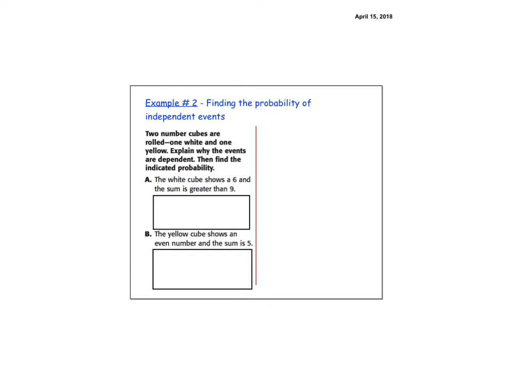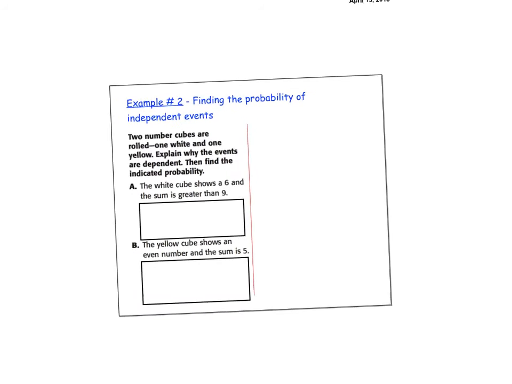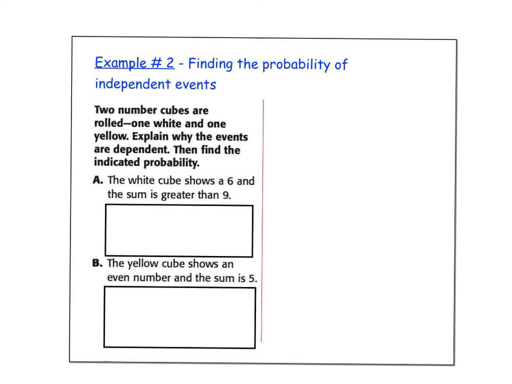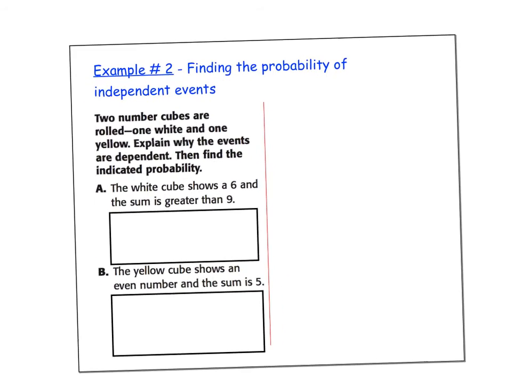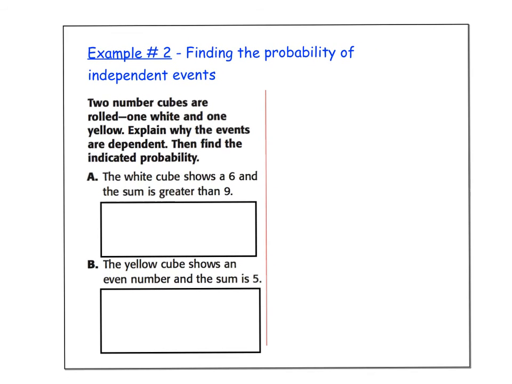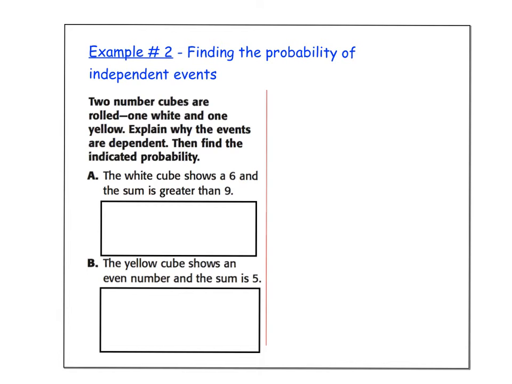Okay, so let's look at example 2, finding the probability of dependent events. We have two number cubes, one yellow, one white, and it's going to ask us to explain why the events are dependent and find the probability of them happening. The first question is, the white cube shows a 6 and the sum is greater than 9. First, it says explain why they are dependent.